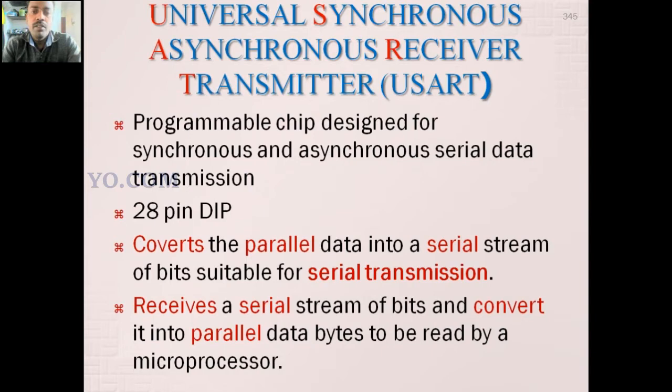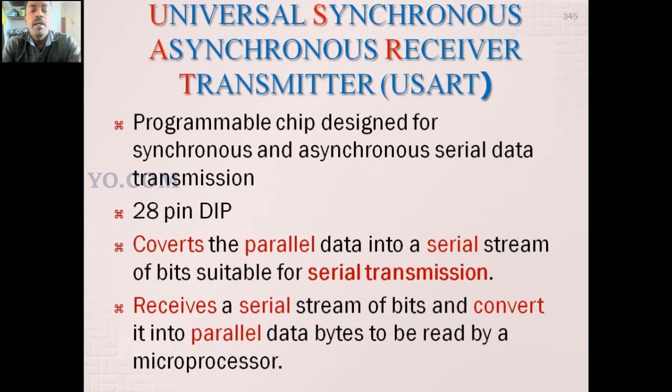For example, the 8086 microprocessor has 16 data lines, separate lines, that is parallel. If you connect the microprocessor to the 8251, the microprocessor's parallel lines are connected with the 8251 lines. That means the parallel data are converted into serial data.